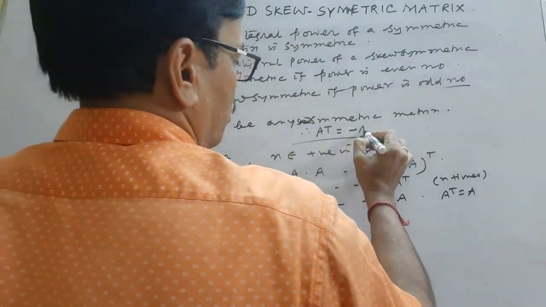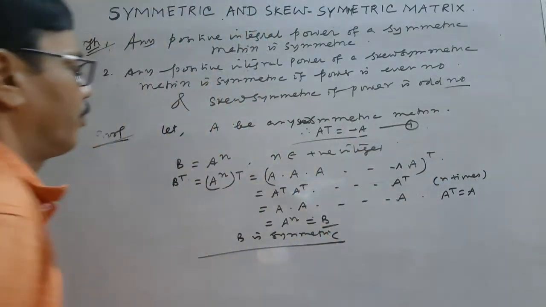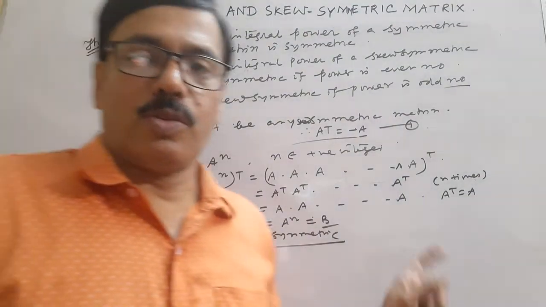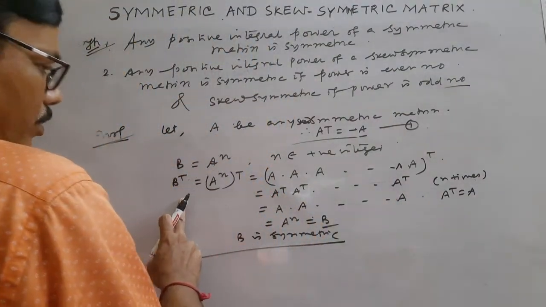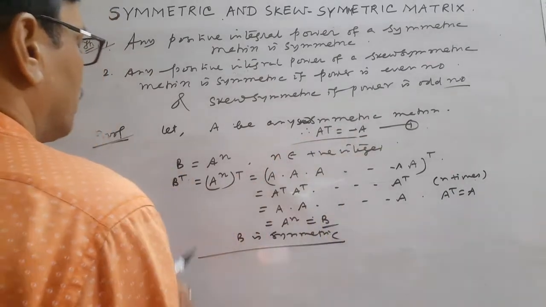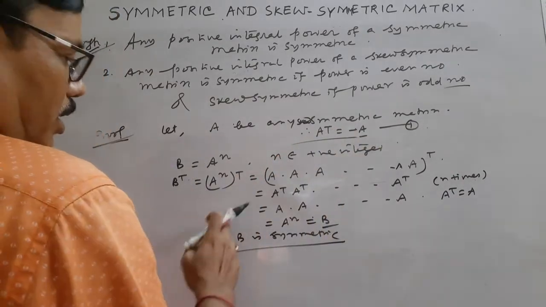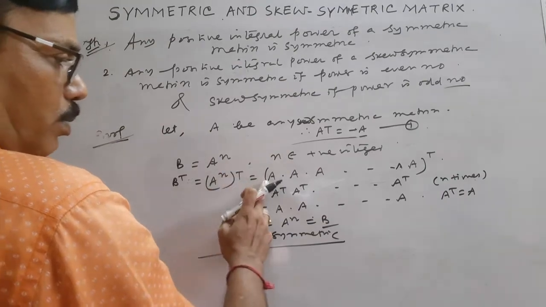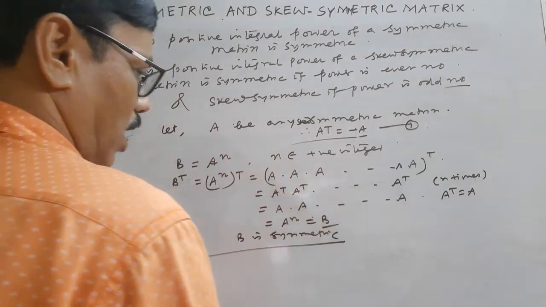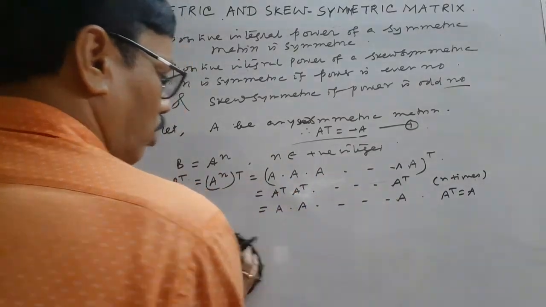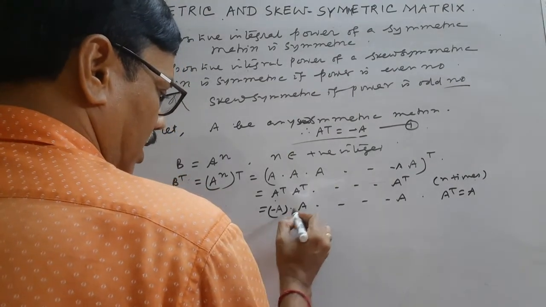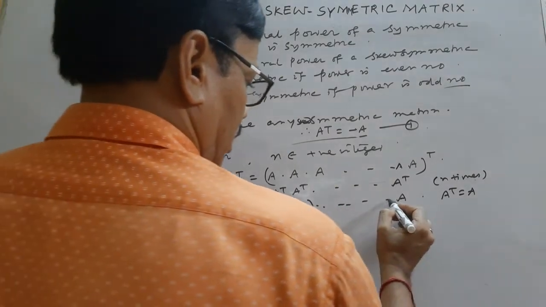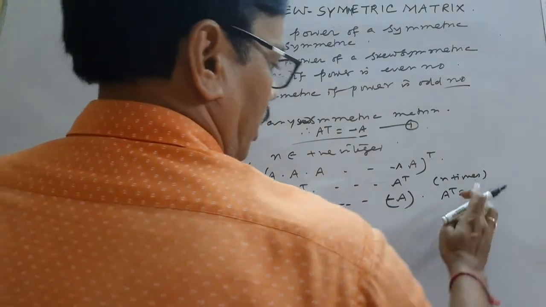So A transpose equals minus A. So B equals A to the power n, n belongs to positive integers. So B transpose is (A to the power n) transpose. Same type. Now this one is A transpose, so this is minus A, this is minus A, and the last one is also minus A.